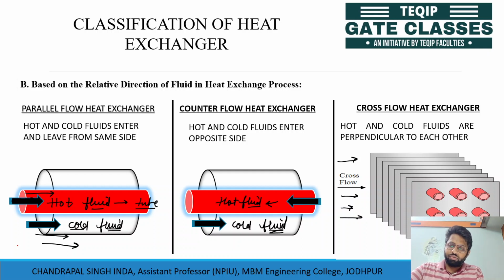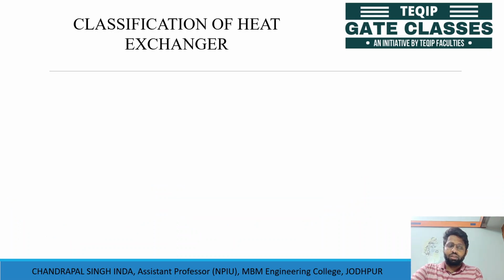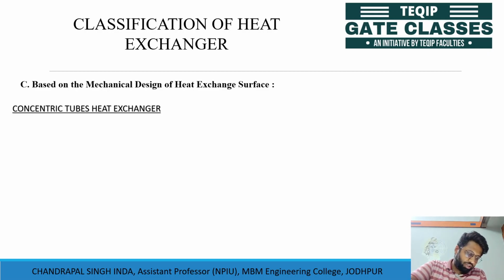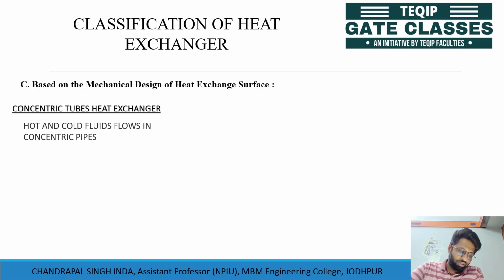So further, based on the design, we again have the first category, which is the concentric tube heat exchanger, in which the two tubes have the same center, and the fluid is allowed to flow through this heat exchanger.